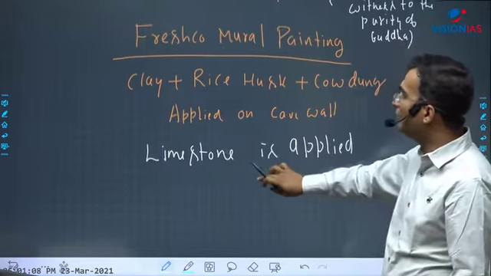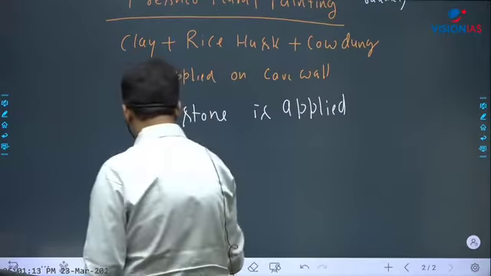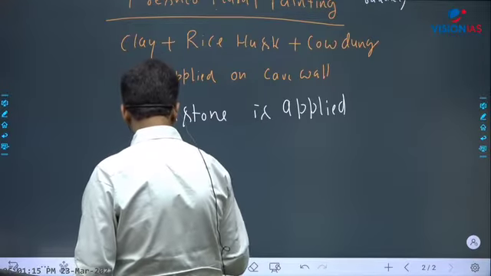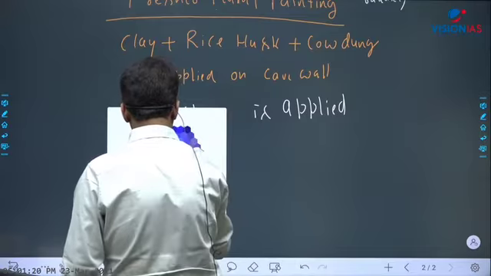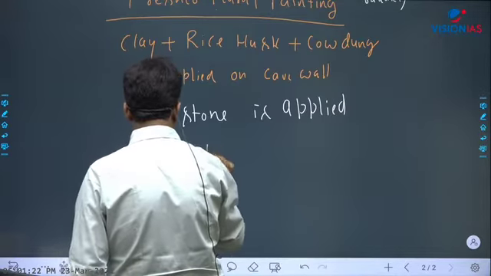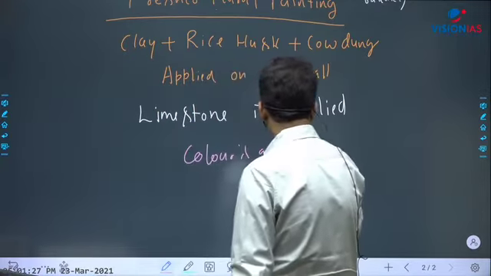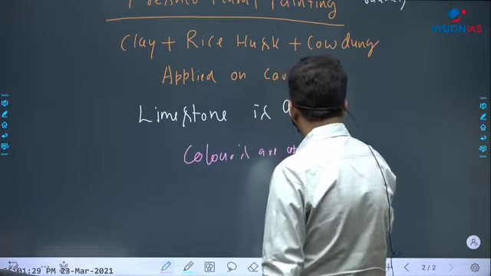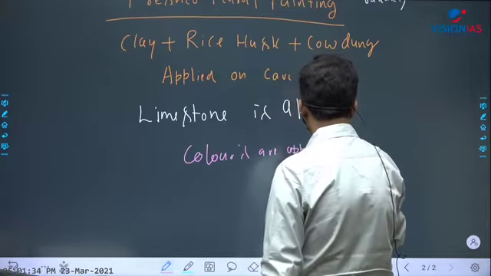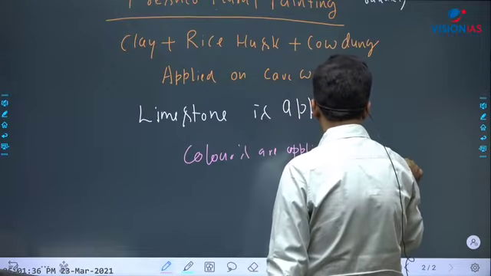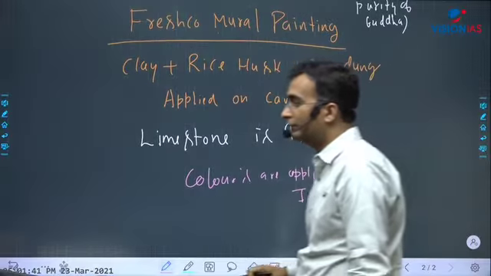Then after this white limestone is applied and it is also dry, in the final stage colors are applied and the image is created.